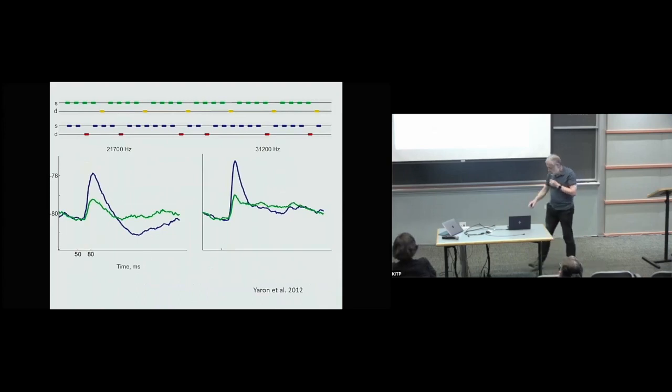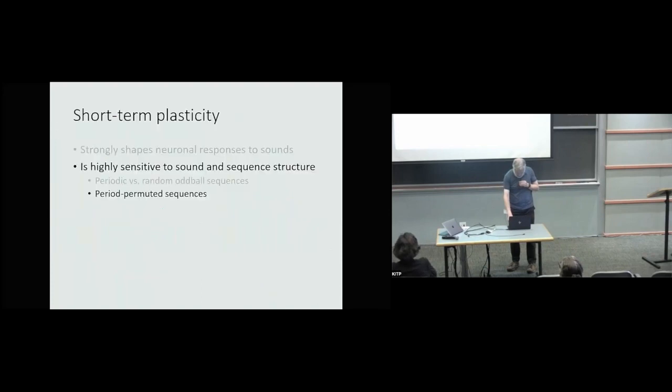And you see significant differences in the responses. The more regular stimulus sequence gives rise to smaller responses. These are intracellularly recorded sensory EPSPs in rat auditory cortex. I'll skip this example, but it has the same character.